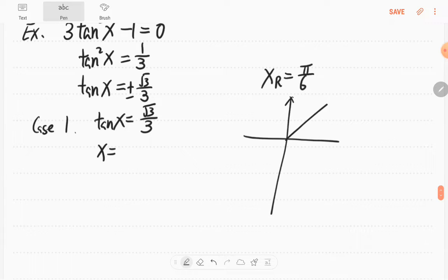And we have 2 angles, but these 2 angles are on the same line, so actually the difference is pi. From here to here is pi. So we can just add a multiple of pi instead of a multiple of 2 pi. So this one would be pi over 6 plus pi times n, because when n equals 1, it will include this term.